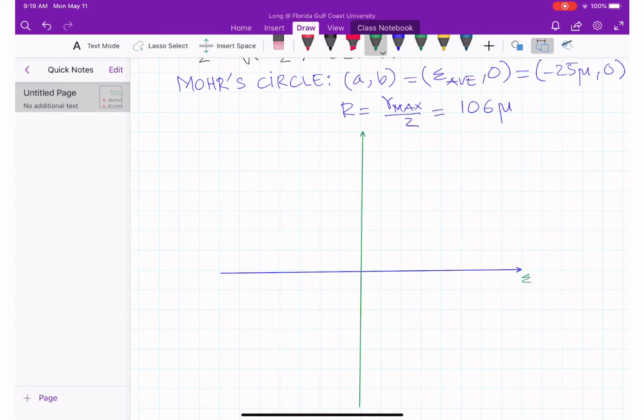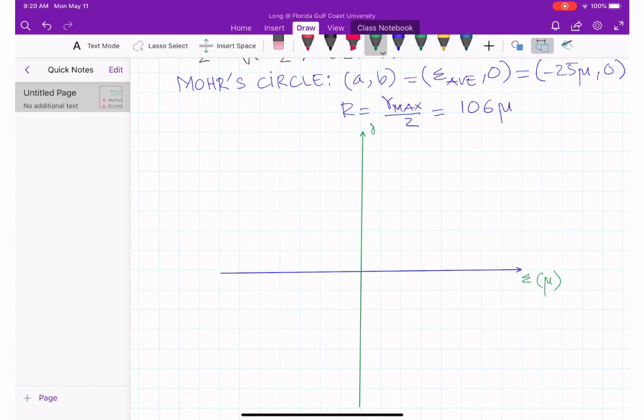You see epsilon, and units is micro inch over inch, for example. And in the stress, the Mohr circle for the vertical axis is tau, and as you can see, analogously, tau for strain is now gamma over 2.